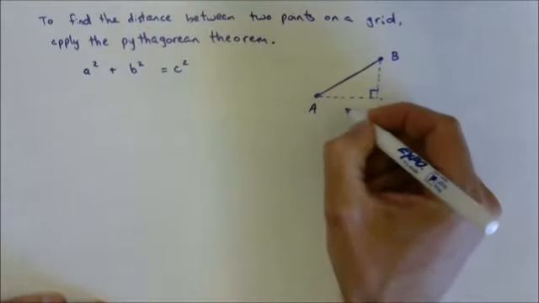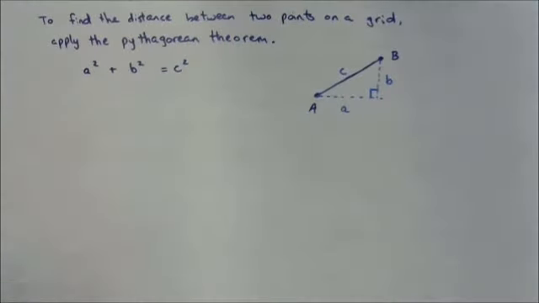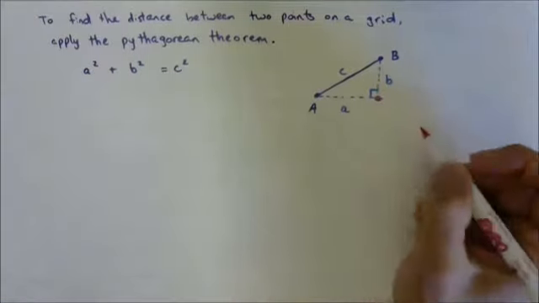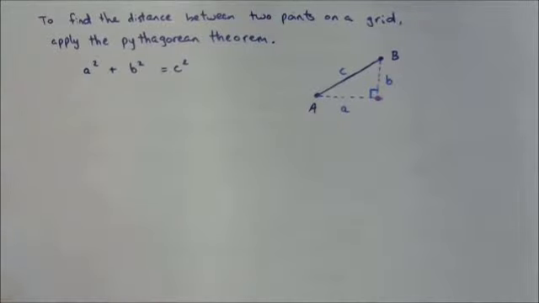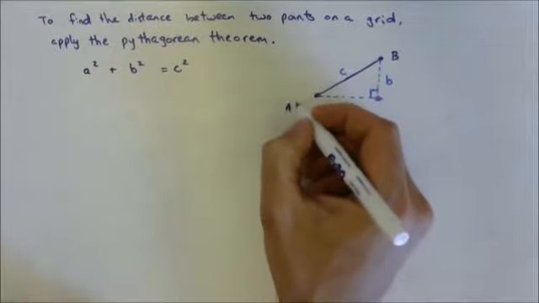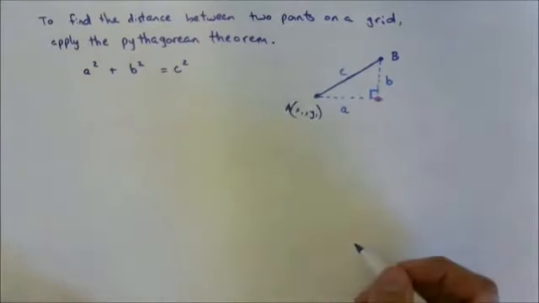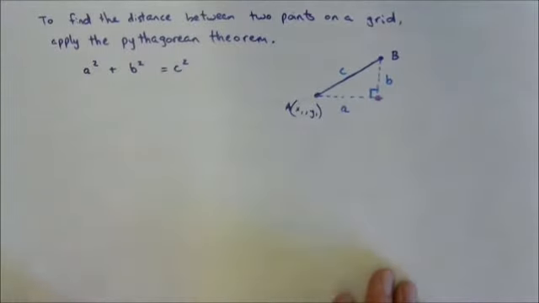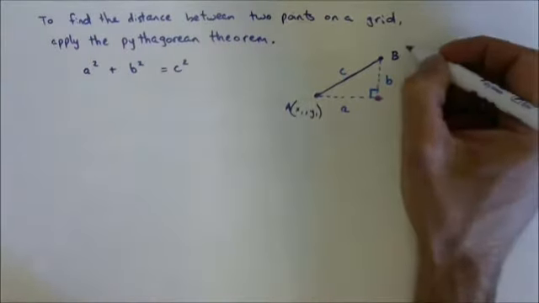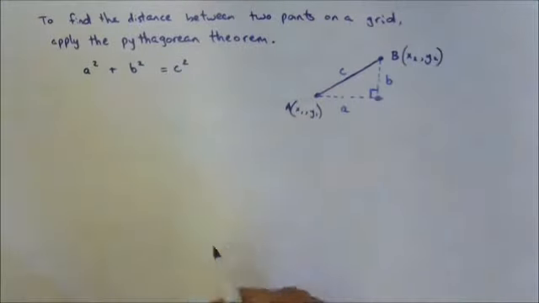All right, so we would have A, B, C, where C is always the hypotenuse. But what we actually want to have is this in terms of AB. So we're going to call A x1, y1. That's where it is. That's going to allow us to apply this to any location on the graph. We're going to call B x2, y2. Okay?